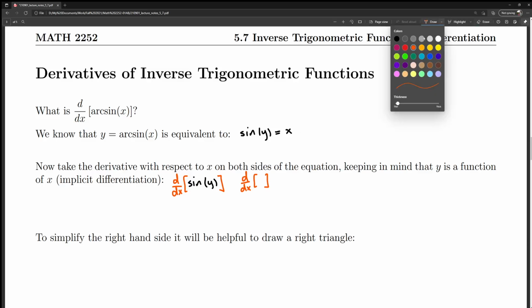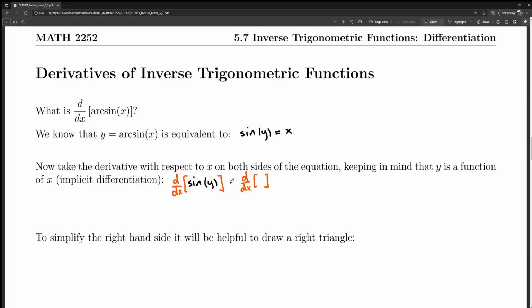And the right-hand side is, of course, just 1.